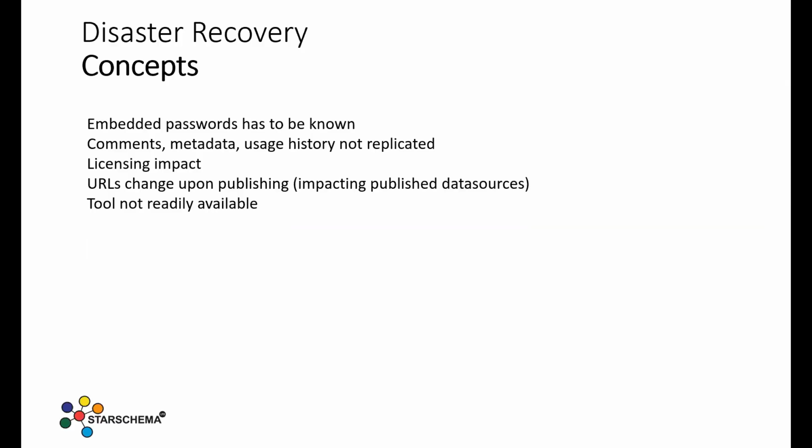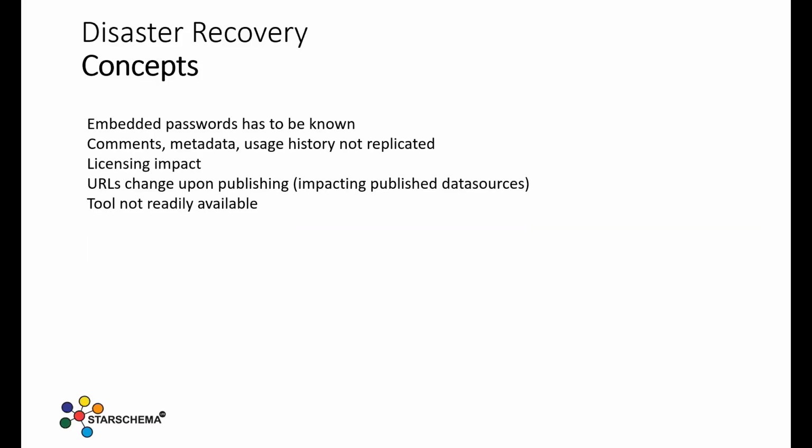Also, if you have, for example, workbooks where you share the content to the outside world, like embedding content into an external site, these are all relying on URLs. And URLs in Tableau Server are generated upon publishing. Since you are publishing to a different server, you can't force the server to have the same URL for sure.